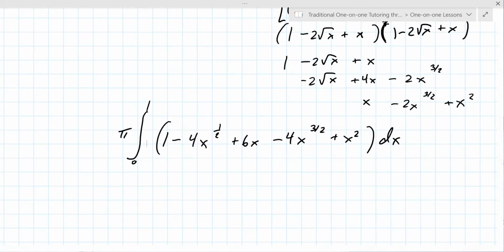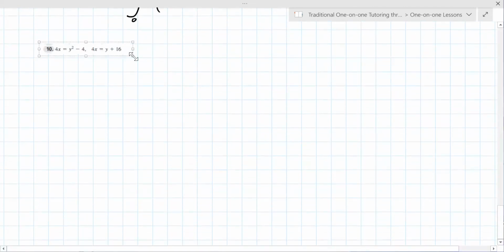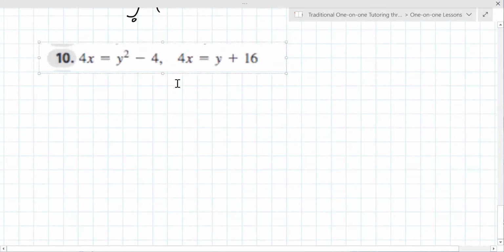Because they say you can use a graphing calculator to find the curve, it's not as realistic to what you might see on an exam question, because if we just graph it, you already kind of know what you're looking for. But let me graph this.